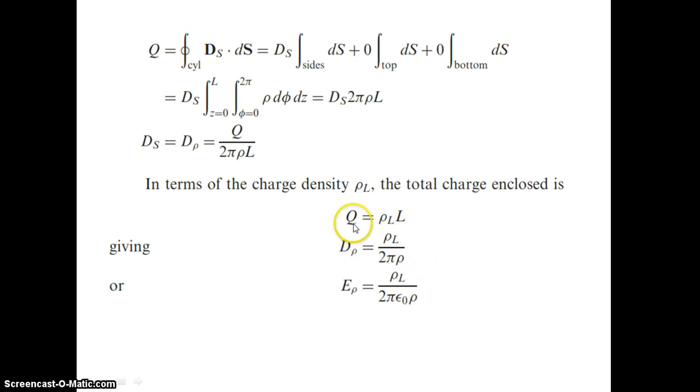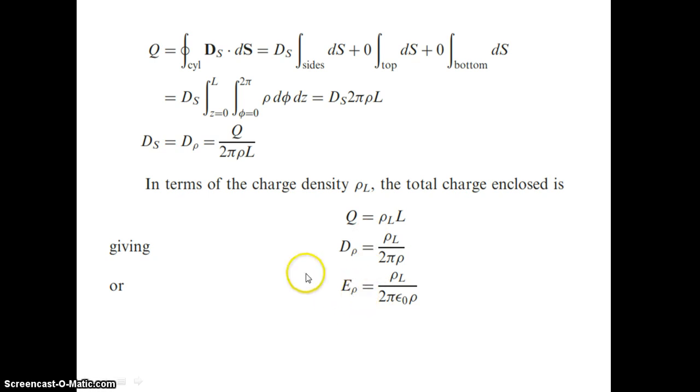So we have one expression for Q here and another expression for Q there. Equating these two, we have D_rho equal to rho L by 2 pi rho, and from this D equals epsilon into E.